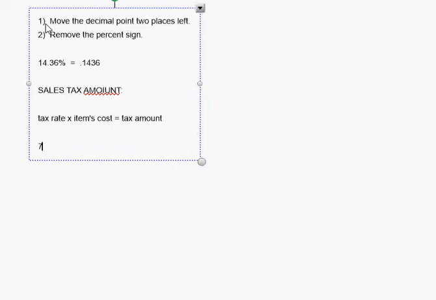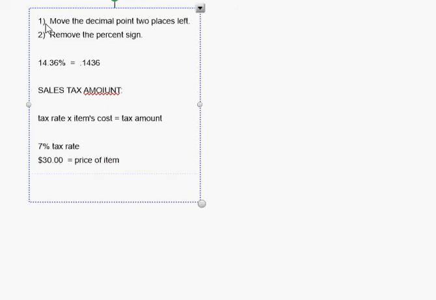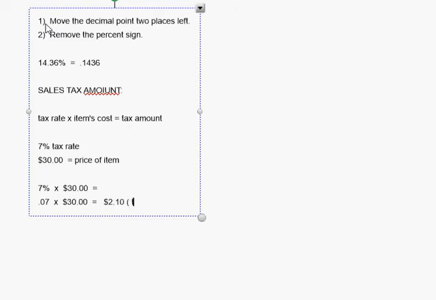So if we have a 7% tax rate and the price of the item is $30, we will go 7% times $30, which gives us 0.07 times $30, which gives us $2.10 for the tax amount.